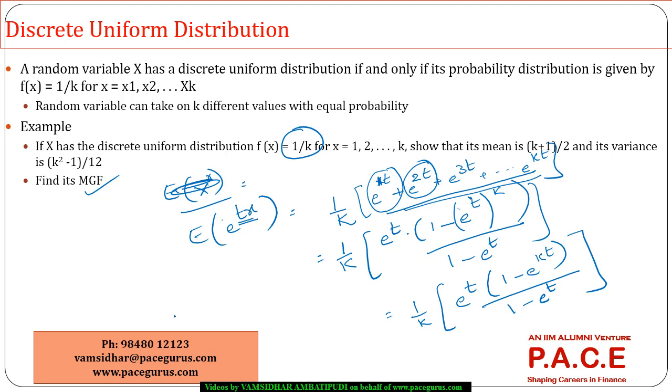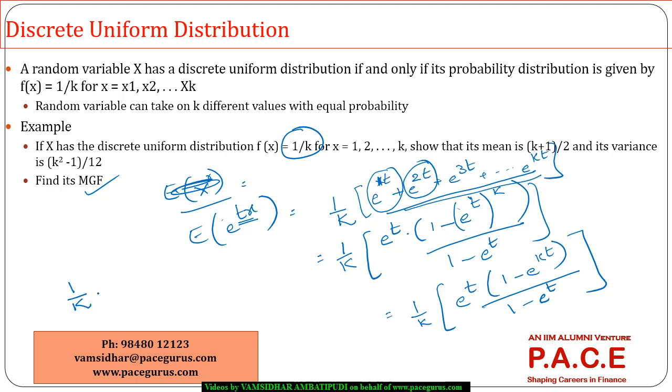Now you try substituting, you take the differentiation of this with respect to t, right? You take the derivative of this with respect to t and substitute t equal to 0, you should get the mean.